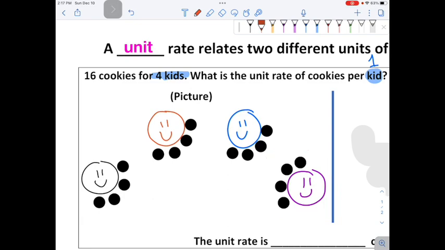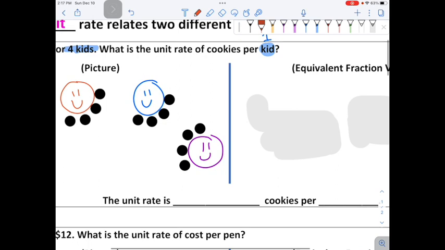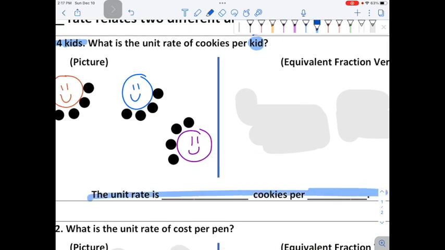Looking at them one at a time, each kid has 4 cookies. We're going to fill this in the bottom, right here where the words are. The unit rate is 4 cookies per, and who has the cookies? Each kid. Per means one at a time because there's no S there.